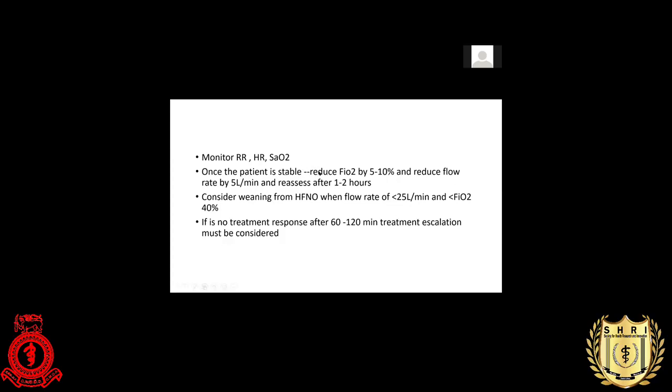We start with a reduction of FiO2 by 5 to 10% and reduce the flow rate by 5 liters a minute, and assess the patient's clinical signs and symptoms. Once the machine's flow rate becomes less than 25 liters a minute and FiO2 less than 40, and the patient is stable, you can take the machine off the patient. If there's no improvement with your treatment, you can escalate to the next level.